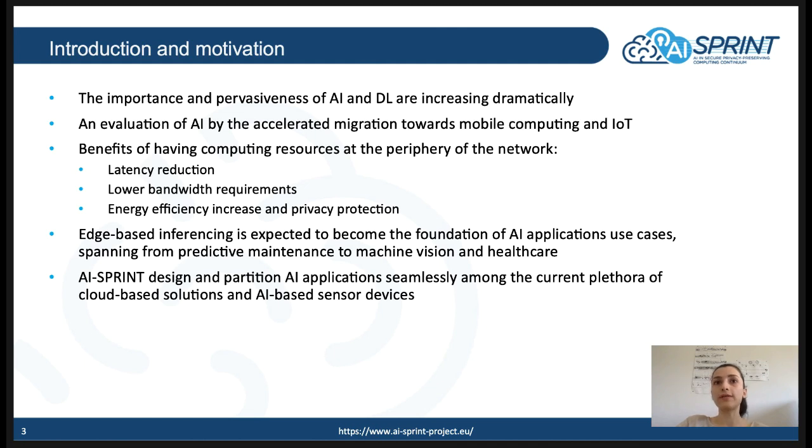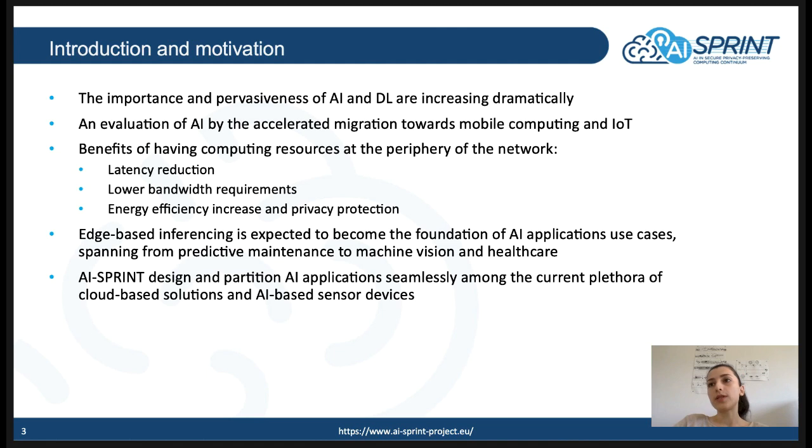Having computing resources at the periphery of the network can benefit from reduced latency, lower bandwidth requirements, and increased energy efficiency and privacy protection. According to this trend, edge intelligence is expected to become the foundation of many AI application use cases, spanning from predictive maintenance to machine vision and healthcare.